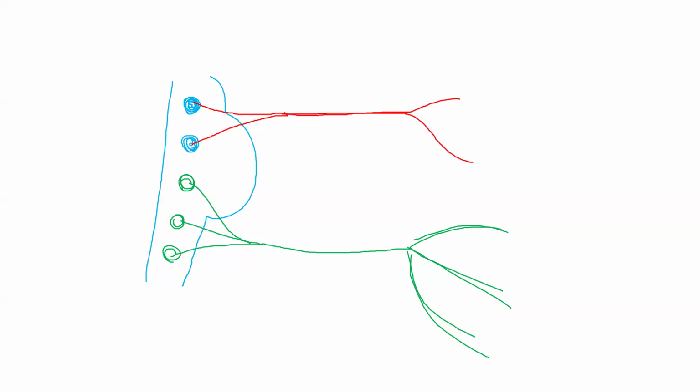Some have only sensory function, for example the vestibulocochlear nerve. And some have all the functions, parasympathetic, motor, and also sensory, which is done by the facial nerve.